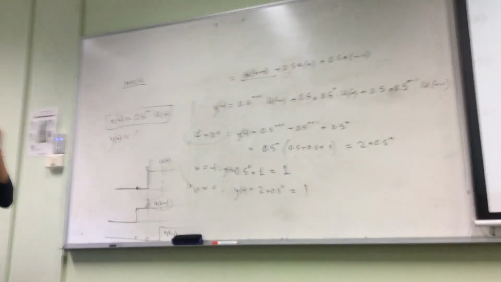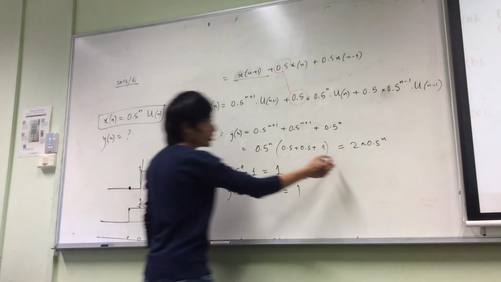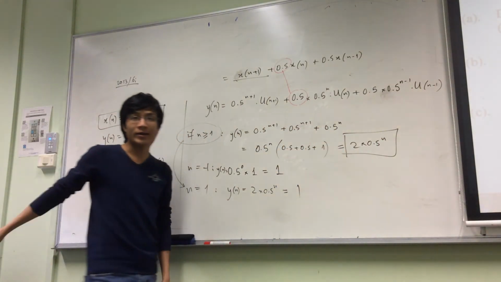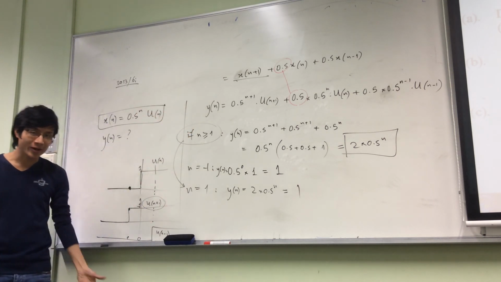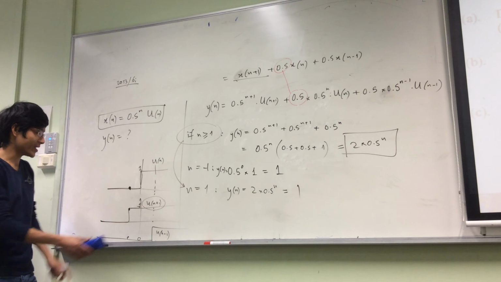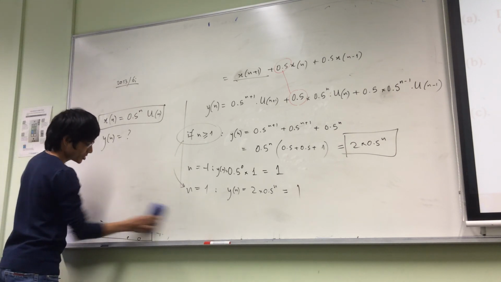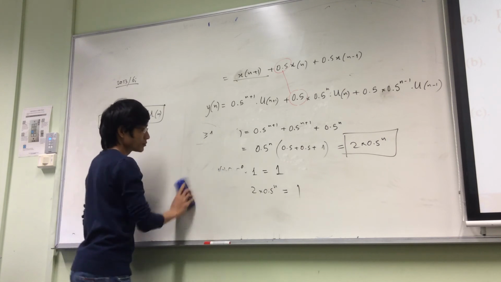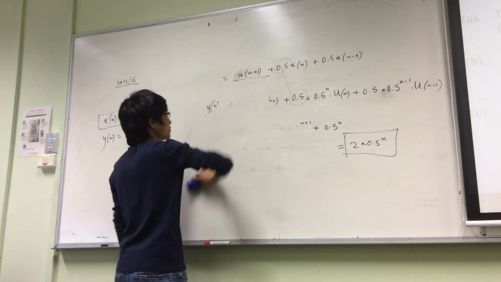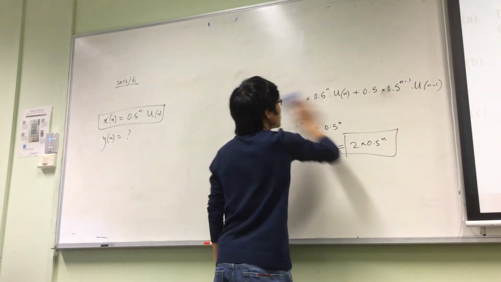Excellent. So this is a general equation to calculate yn. This is the most straightforward way. What is the other way? This is easier actually: Z transform.